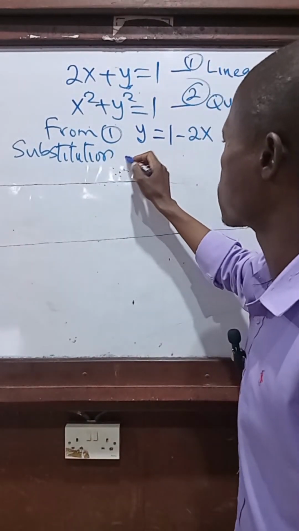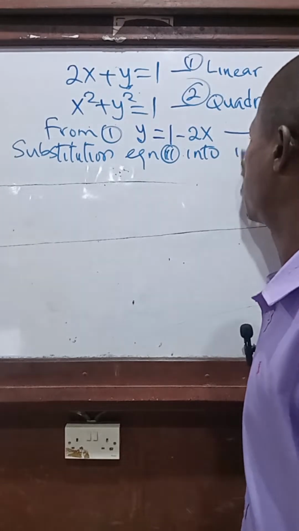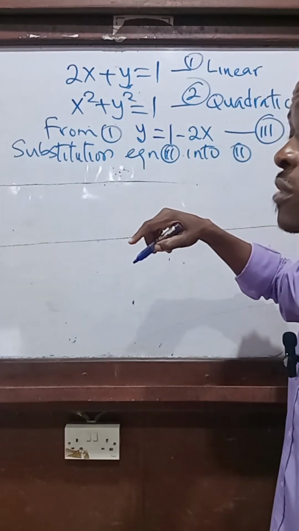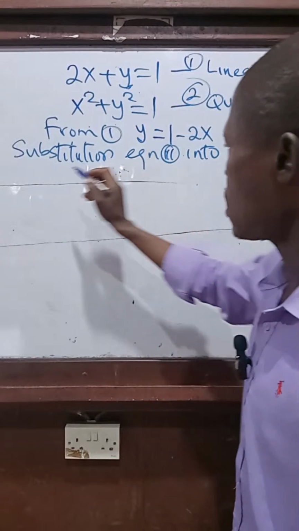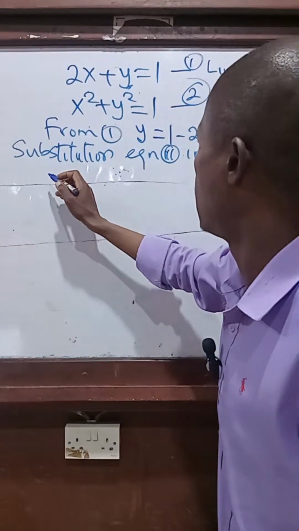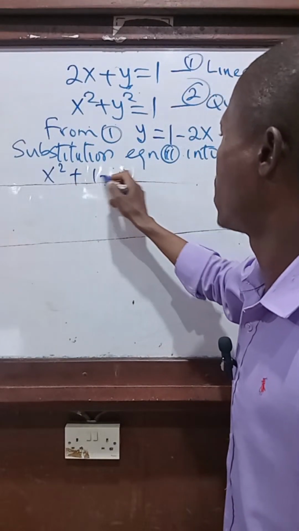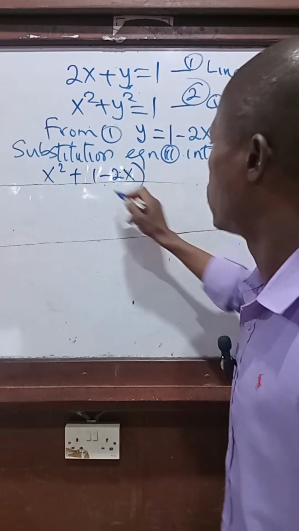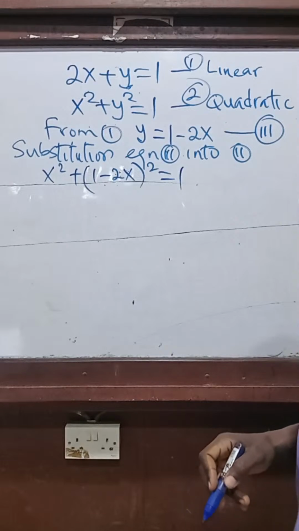Substitute equation 3 into 2, plug in equation 3 into 2. So we're going to have x squared plus 1 minus 2x, and square that, equal to 1.